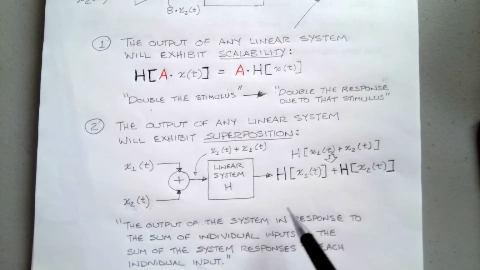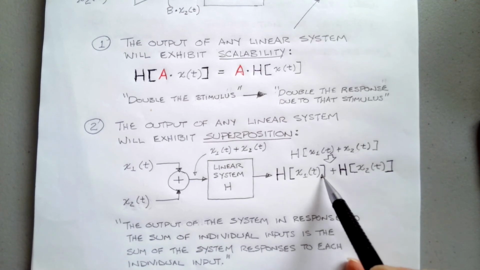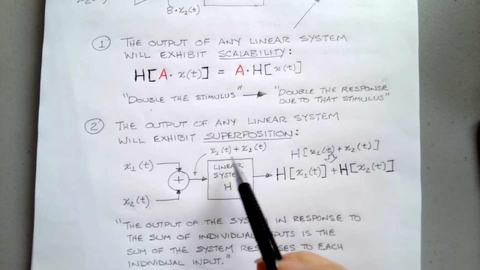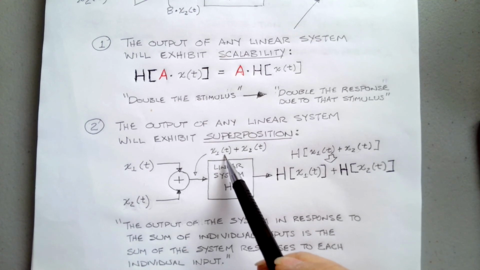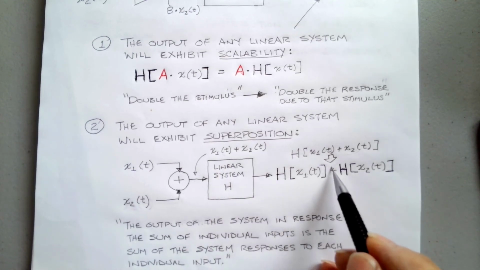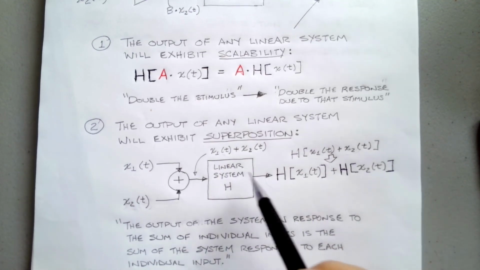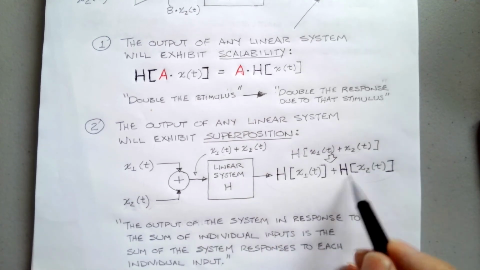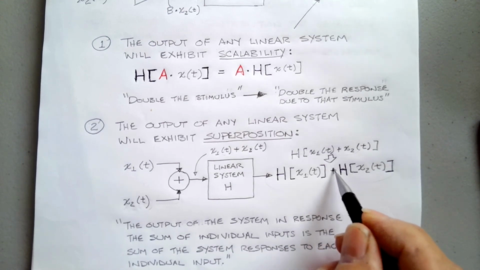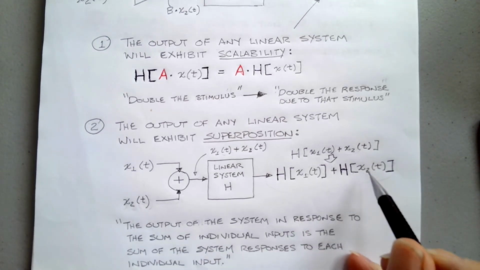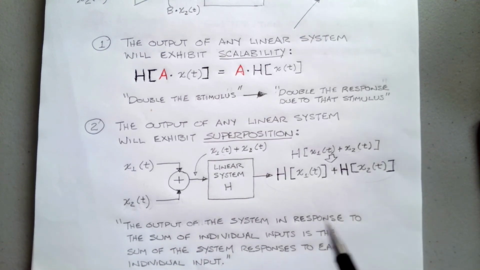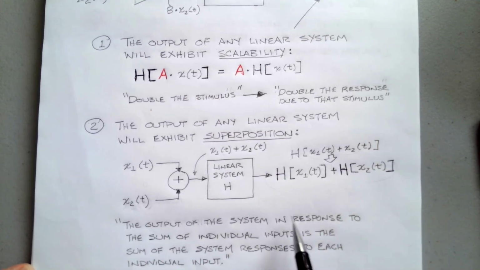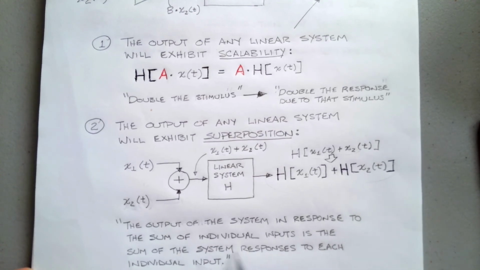So if you want to understand what this system does with the sum of two inputs, if you can figure out what it does for x1 of t, that's H of x1 of t, and if you can figure out what it does for x2 of t, that's H of x2 of t, you can add those two things together and get the answer. That's in a linear system. So the output of the system in response to the sum of individual inputs is the sum of the system responses to each individual input.